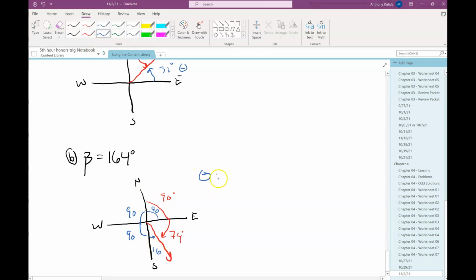So my theta then is going to just be 90 plus 90 plus 90 plus 16. So 286 is the standard position angle.